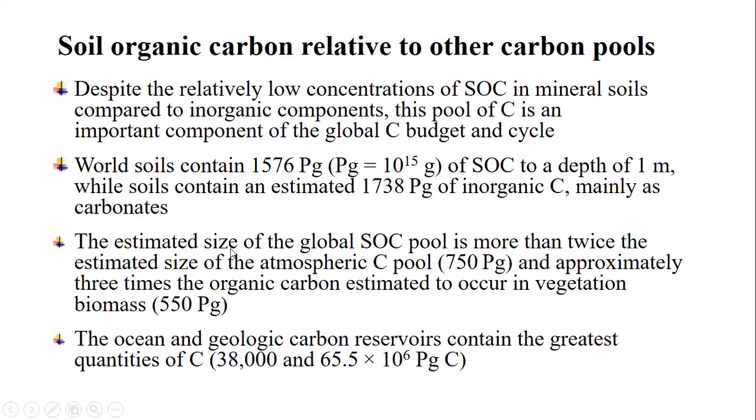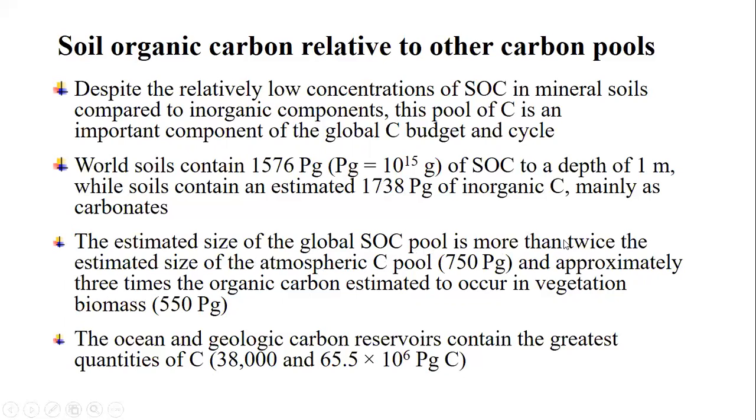The estimated size of the global soil organic carbon pool is more than twice the estimated size of the atmospheric carbon pool, which is 750 Pg. So you can imagine, if you ask a regular person, would they ever think that you can have in the soil carbon which is more than twice what is found in the atmosphere above the earth?